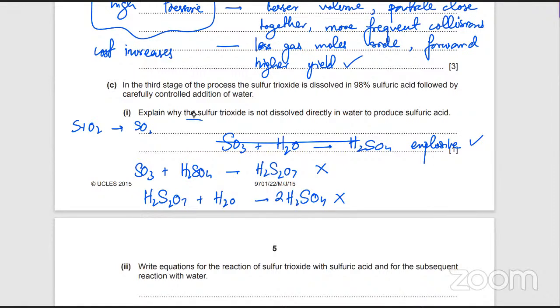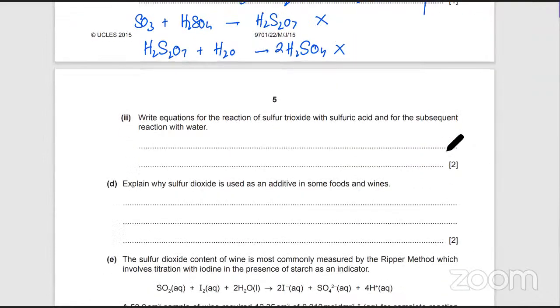What he had asked was, why does sulfur trioxide not dissolve directly in water? So you're just going to write that it's 1 mark. So you're just going to write it's a highly explosive exothermic reaction. Now he's asking for the reaction of sulfur. Now he's asking for those equations. Okay, now you write those.